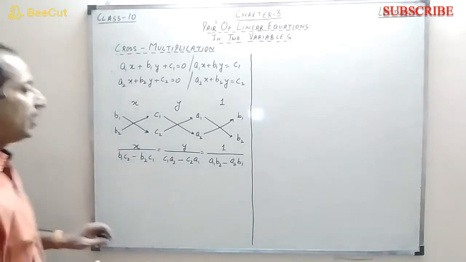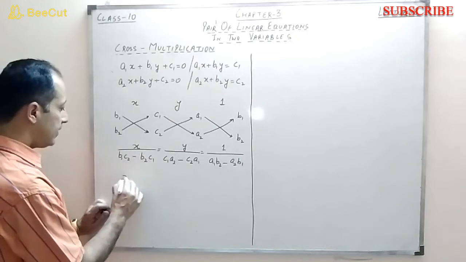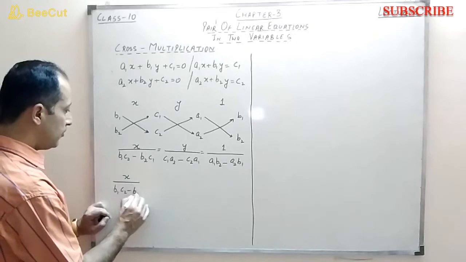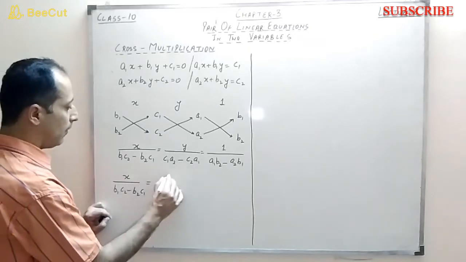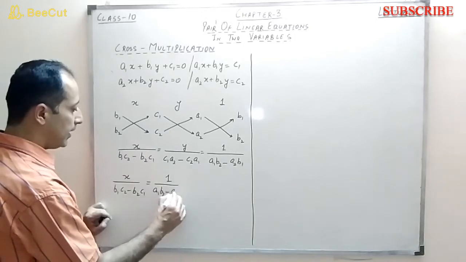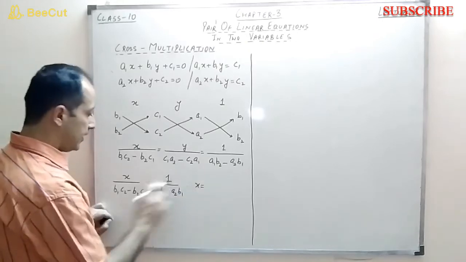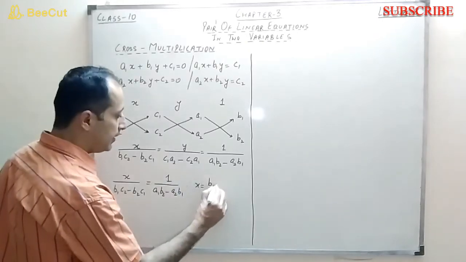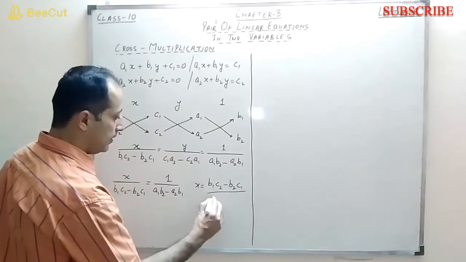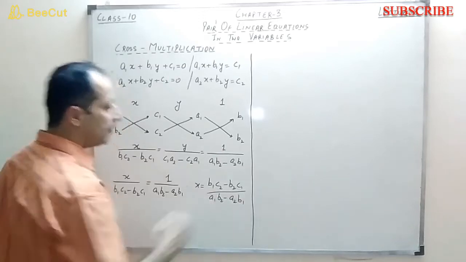If we have to find the value of x, I take x upon b1 c2 minus b2 c1 equals 1 upon a1 b2 minus a2 b1. It means the value of x, if I cross multiply, will be b1 c2 minus b2 c1 upon a1 b2 minus a2 b1.